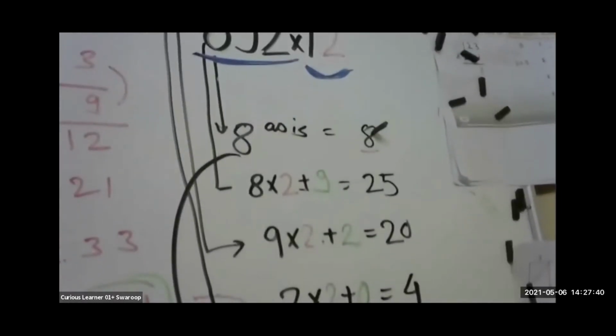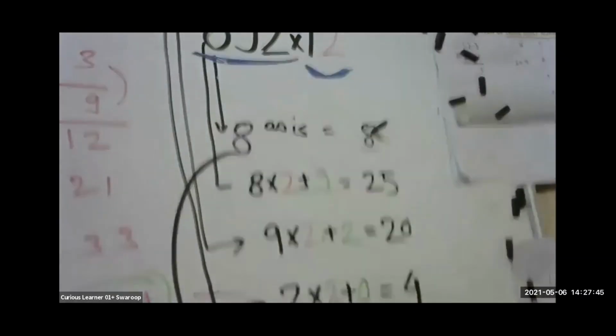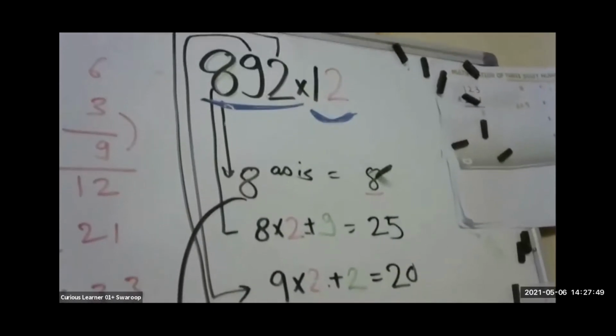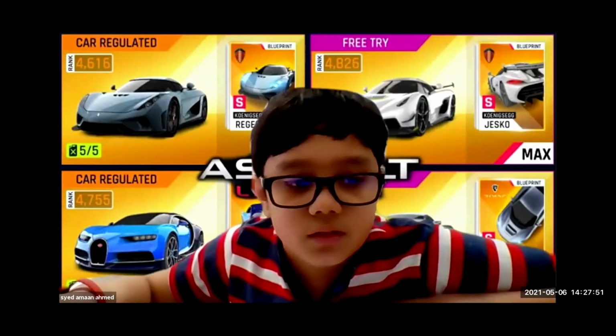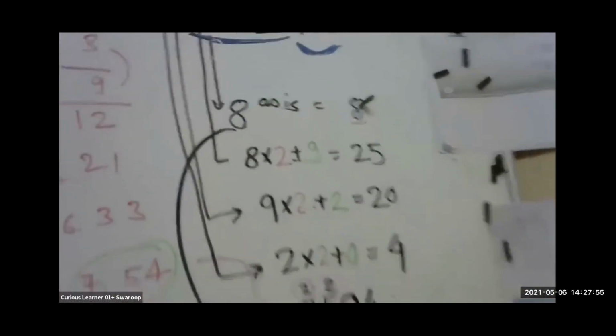How do we do it? First you do one thing. The 100s place 8, you write as is. Take 8 as it is.